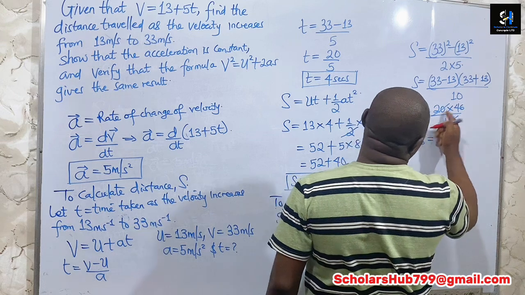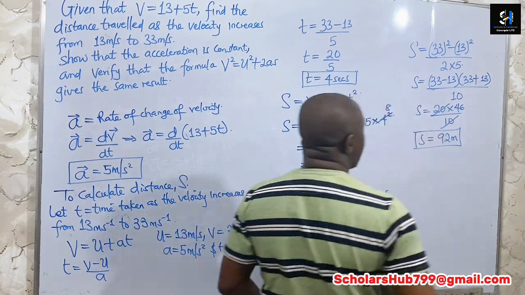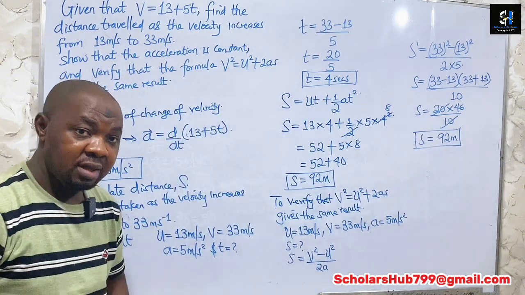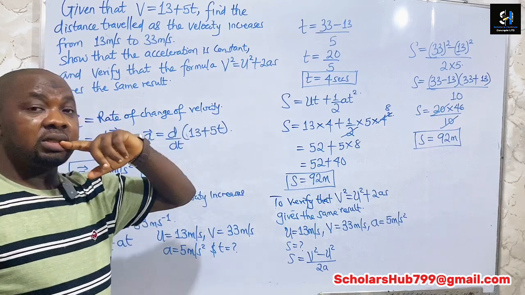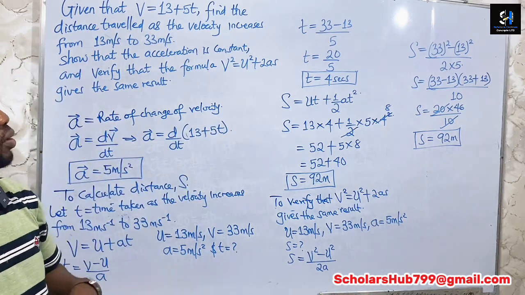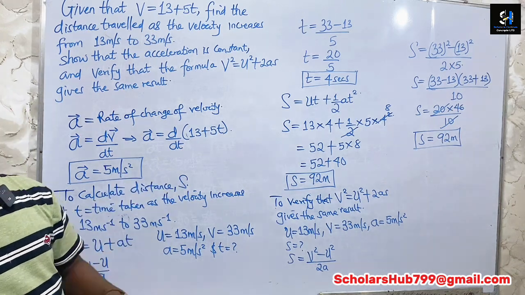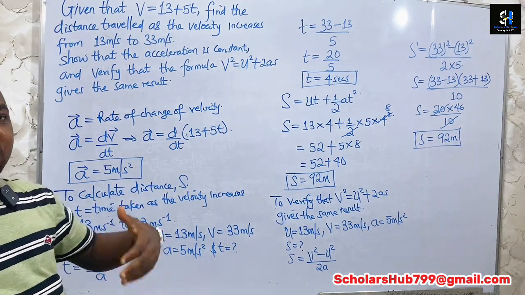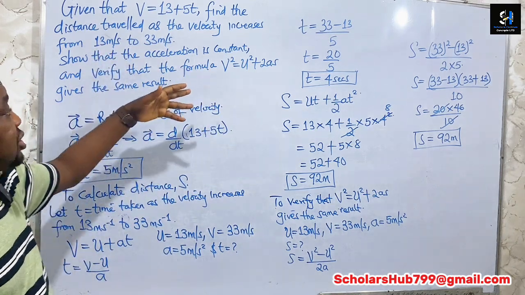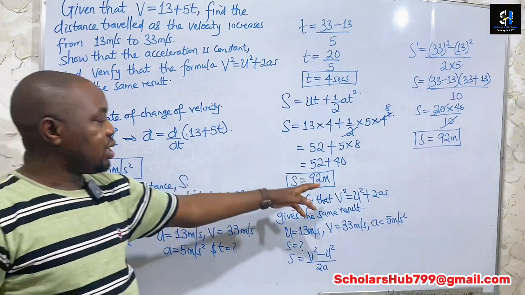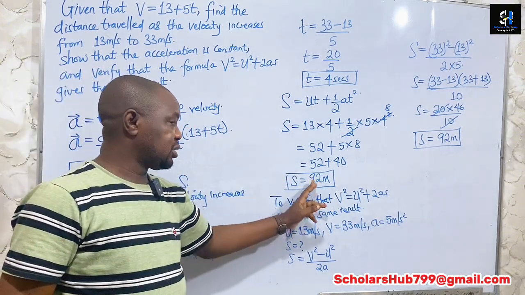Then s equals 2 times 46, which is 92. We have verified that the formula v squared equals u squared plus 2as, when used to calculate the distance traveled as the velocity increases from 13 to 33 meters per second, gives the same value of s that we got before.